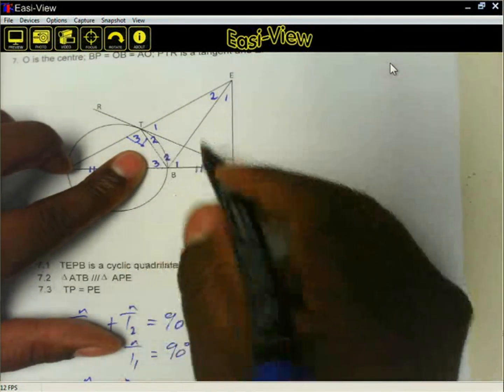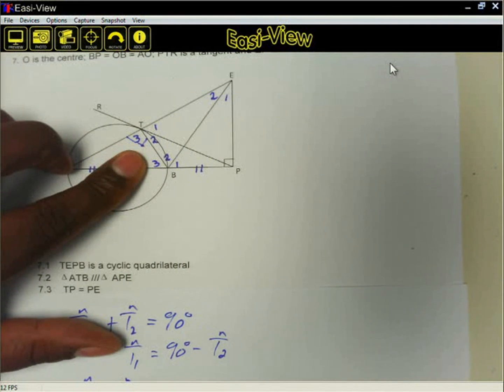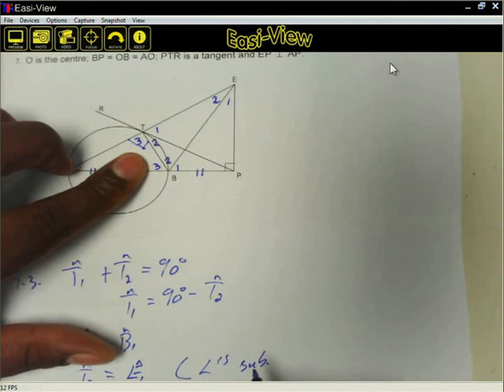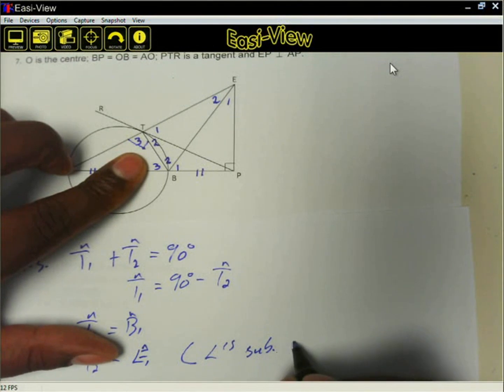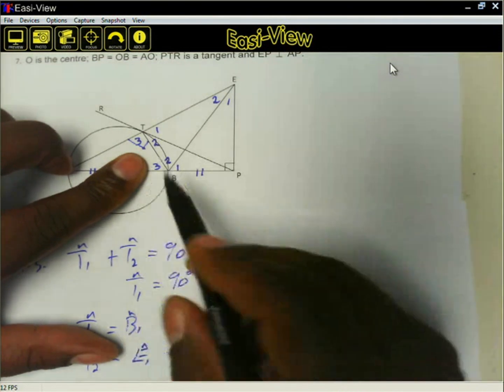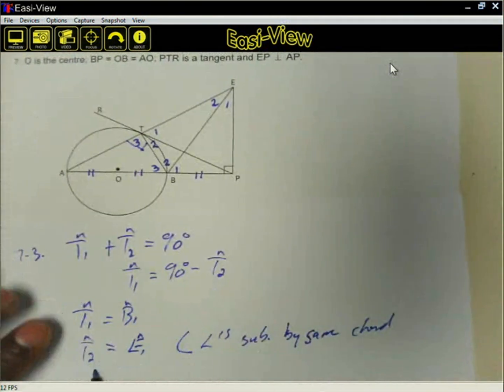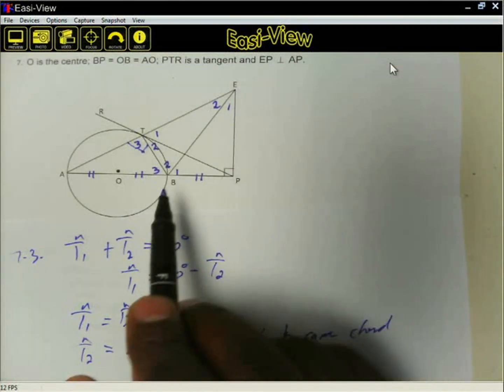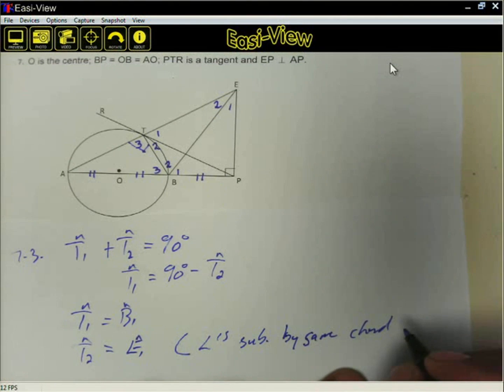Those are the angles subtended by the same chord. Where is that? Let me check. T2, E1. Angle T2 is equal to E1, subtended by chord BP.